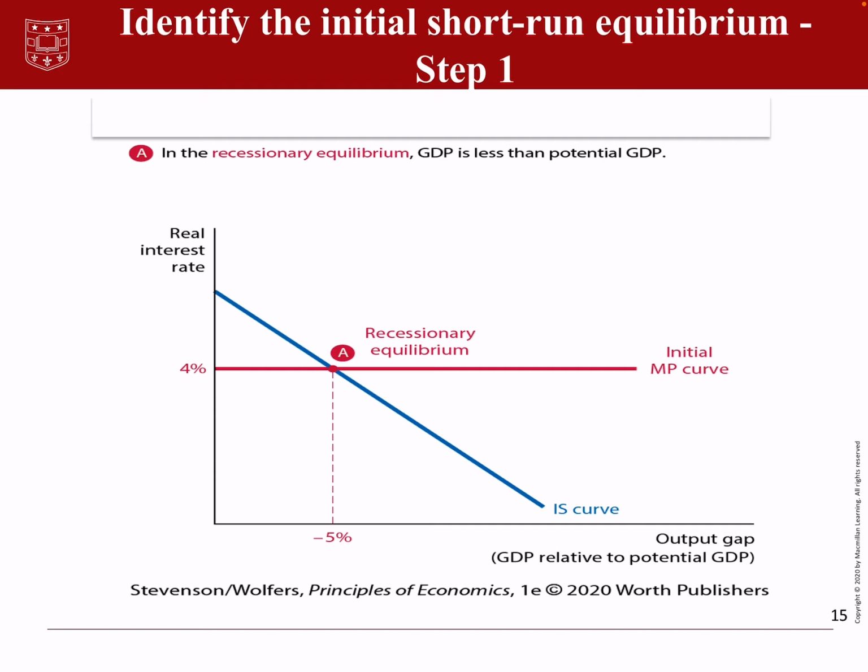So let's suppose that we start off in this framework with the macroeconomy in equilibrium at point A. We can think about this as an equilibrium that is consistent with a recession. We have, of course, output below the potential level. So Y is less than the potential level here by 5%, in fact.